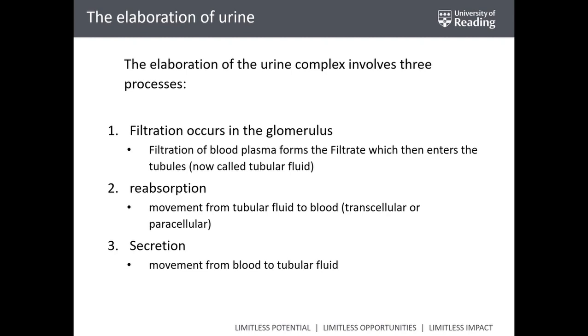But then within the tubules, we do have reabsorption of substances that are filtered, and they shouldn't have been filtered. No, I'm joking. Everything that is filtered needs to be filtered, but then some of these substances are reabsorbed, while other substances that are not filtered but need to be excreted get secreted from the blood into the tubules.